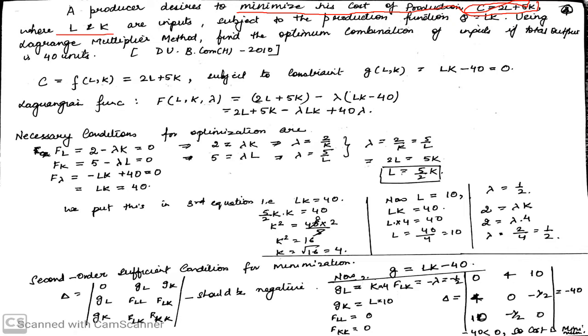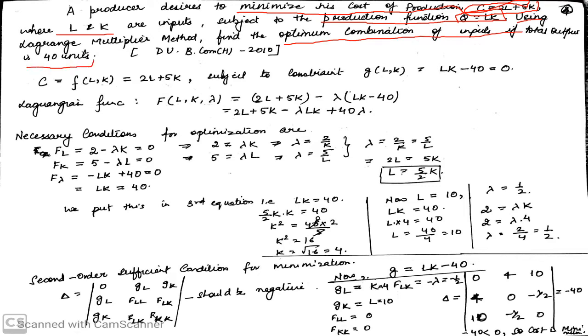What is the constraint function? Production function is the constraint function, that is Q is equal to LK. Using the Lagrange Multiplier method, find the optimum combination of inputs if the total output is 40 units.